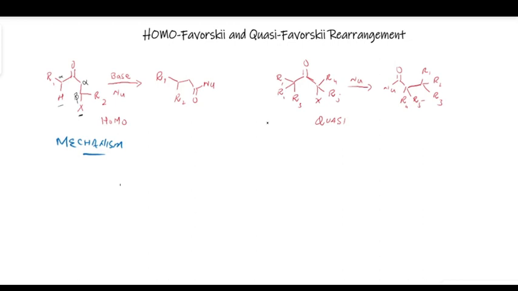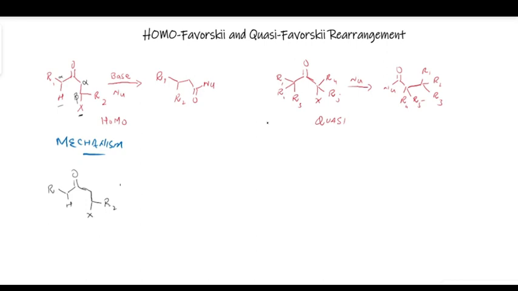So the reagents that are used is a base which can abstract this proton and an appropriate nucleophile, which we have discussed in the previous cases, like you can have water or alcohol or an amine as a nucleophile. So let's see how the mechanism works for this reaction.